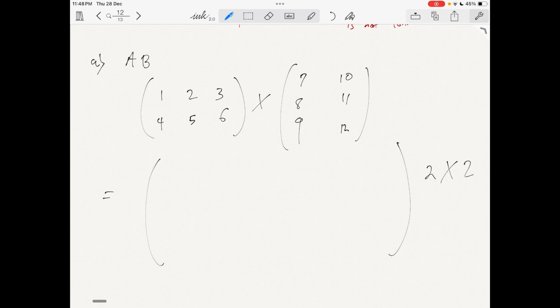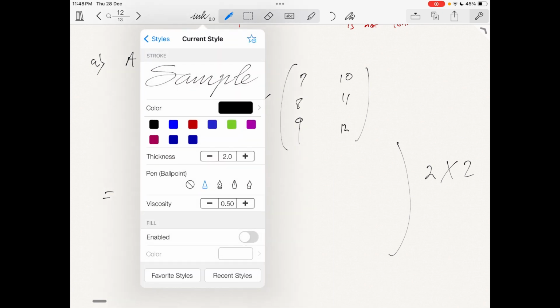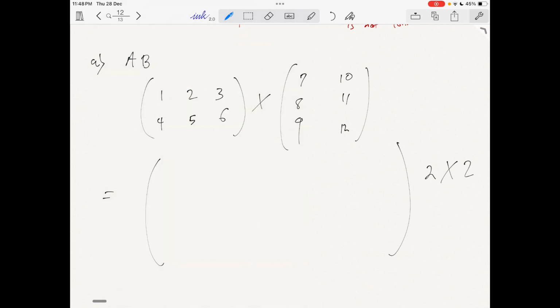Without wasting much of our time, the first one will be the first row and the first column. That will give us 1 times 7 plus 2 times 8 plus 3 times 9.